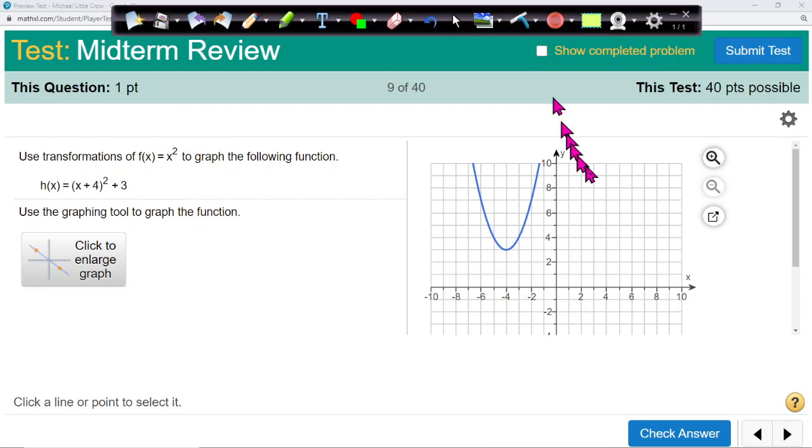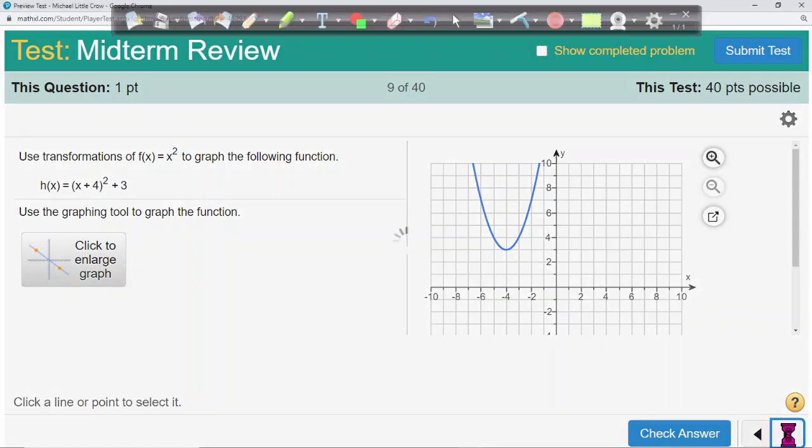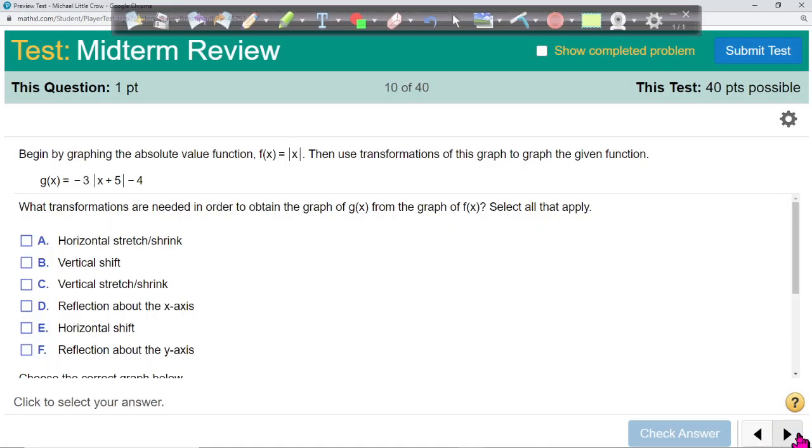Let's clear this. Let's get one more, and we'll just keep moving. I'm not sure how much time we've spent so far. Begin by graphing the absolute value function f of x equals absolute value of x, then use the transformations of this graph to do this. I'm going to show you how you can actually graph this as well, but let's do this one like the other, because it looks like we're not actually graphing it, but we are saying what's happening to it.